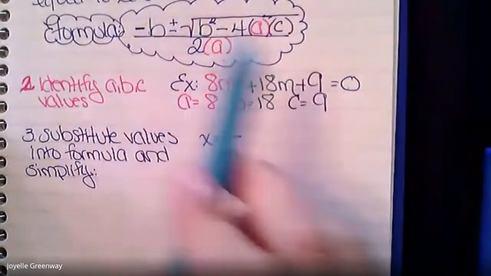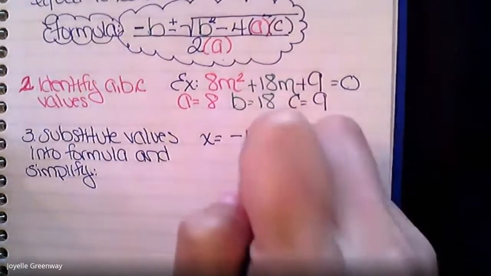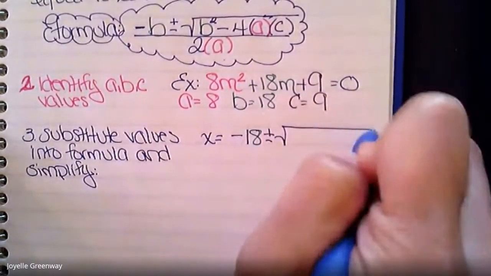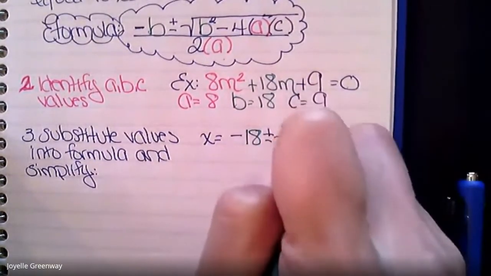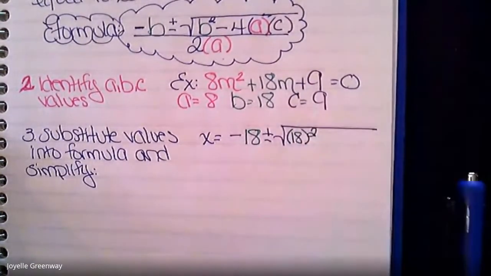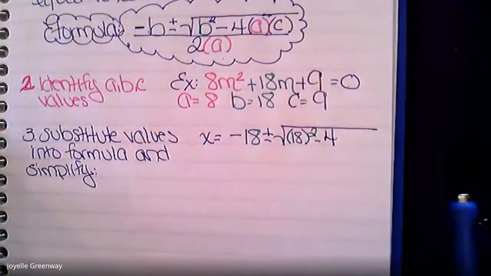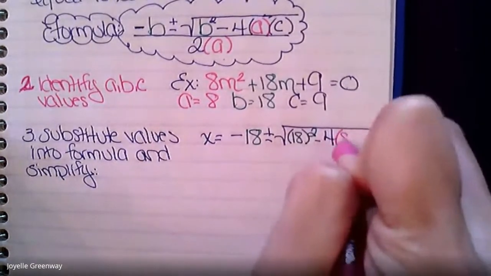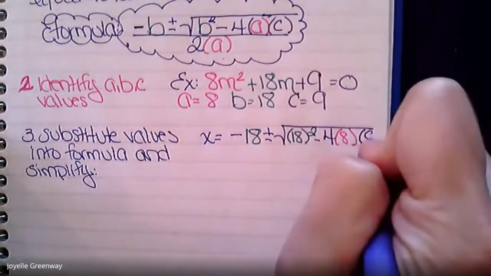So negative b, which is 18, plus or minus the square root of b squared minus 4 times A, which is 8, times C, which is 9.